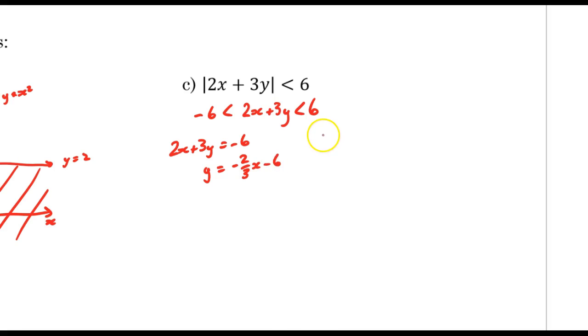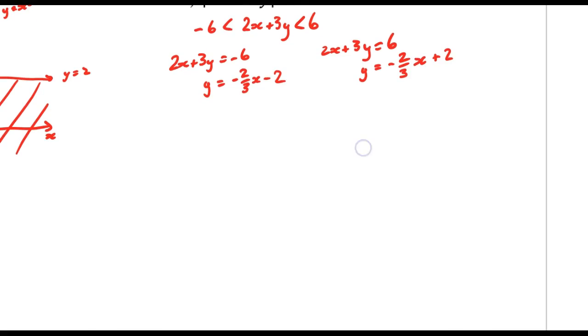And the other one over here, we've got 2x plus 3y is less than positive 6, which means y equals negative 2 over 3x plus 2. Now, what do those two functions look like?